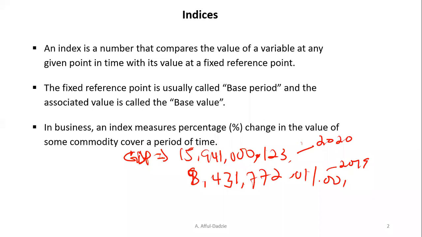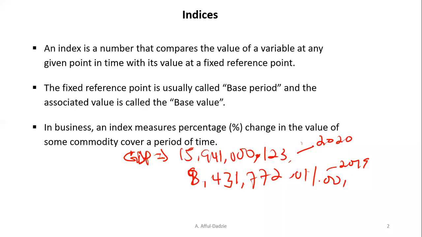Now, when doing this comparison, there is always a certain fixed period we call the base period or the base point. There is a certain period against which we will compare all other periods. So let's say we want to make a comparison of what has happened over the past decade, between 2010 and 2020.